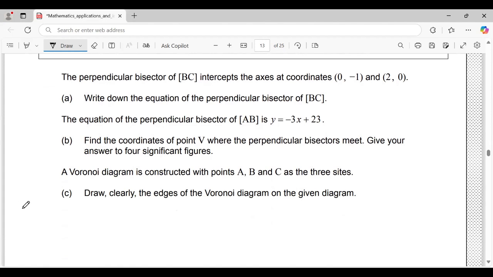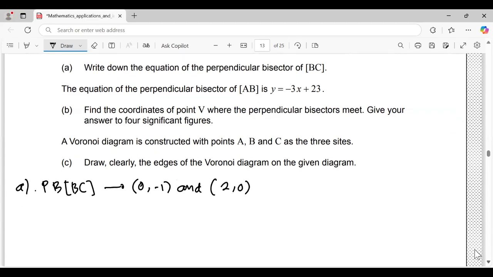So the straight line, perpendicular bisector BC, passes through this coordinate point (0, minus 1) and (2, 0). So this is x1, this is y1, this is x2, this is y2.